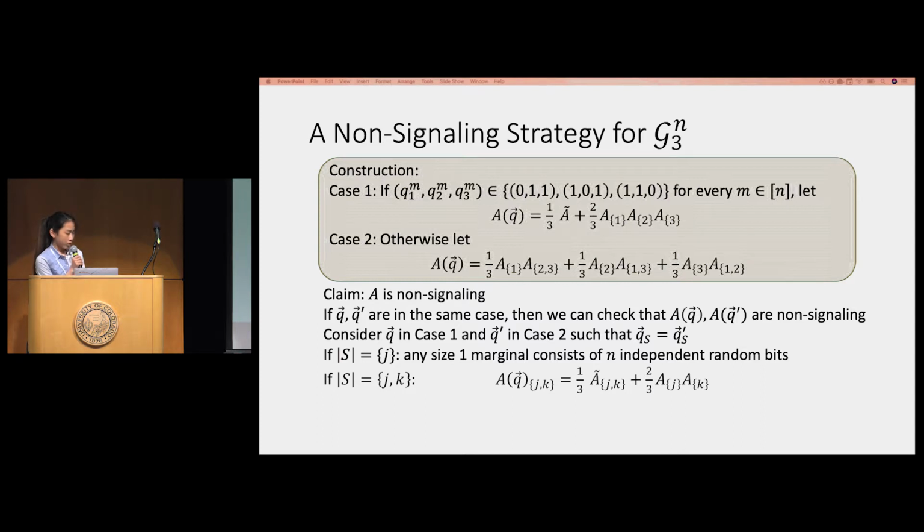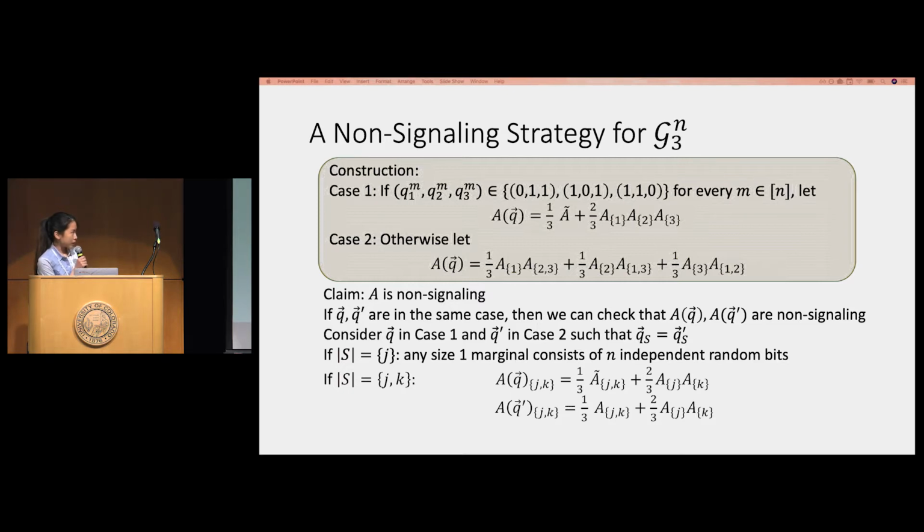the JK marginal in the first case is going to be with 1/3 probability sampling from A tilde sub JK, and with 2/3 probability just sampling from the J and K size 1 marginals. And in the second case, we can check that with 1/3 probability, we're going to be sampling from our JK size 2 marginal.